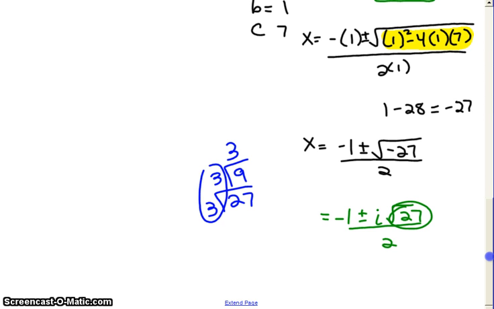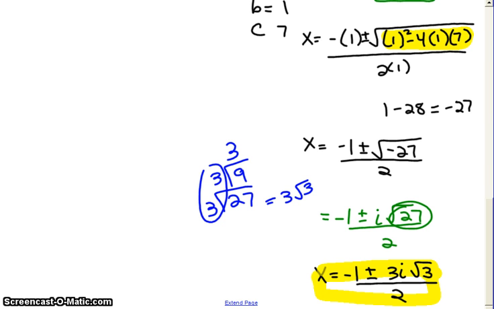Okay, so this reduces to be 3 square root of 3. So my answer here, x is equal to negative 1 plus or minus 3i square root of 3, over 2. Since I cannot reduce the 1 with the 2 or the 3 with the 2, this is going to be my final answer.